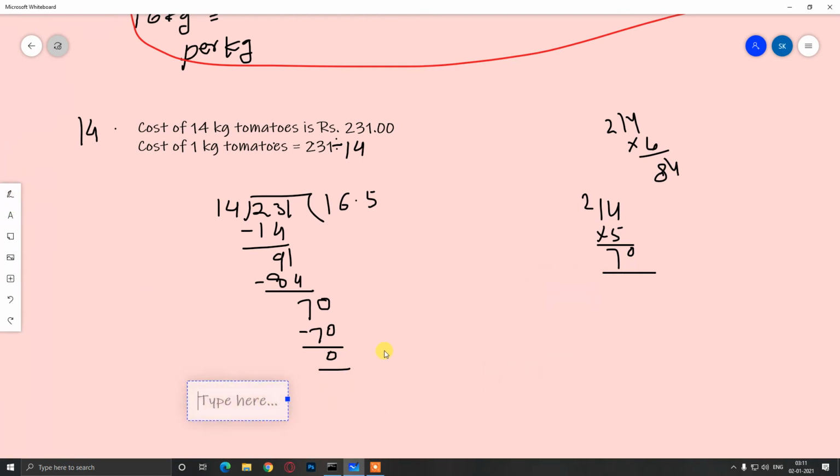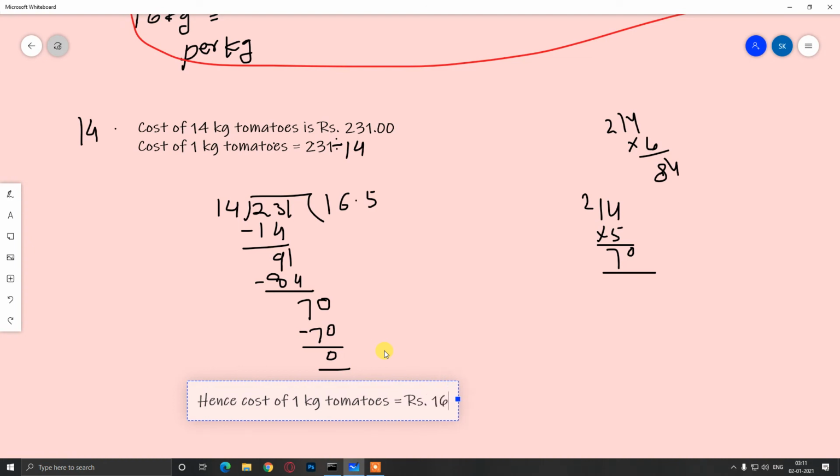So the answer statement you will write: hence the cost of 1 kg tomato is equal to rupees 16.5.